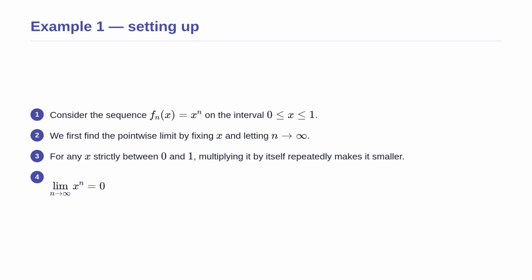First, we find the pointwise limit by fixing x and letting n go to infinity. We have to check different parts of the interval because the function behaves differently when x is exactly 1 compared to when x is a fraction less than 1. For any fraction strictly less than 1, multiplying it by itself infinitely many times drives the value to 0.